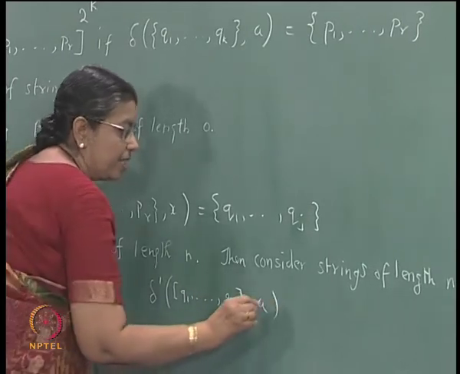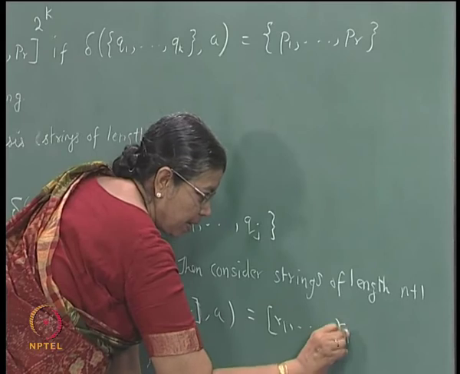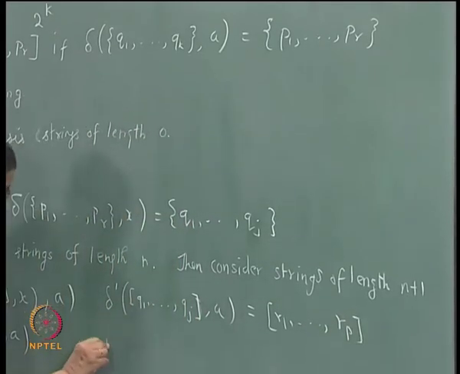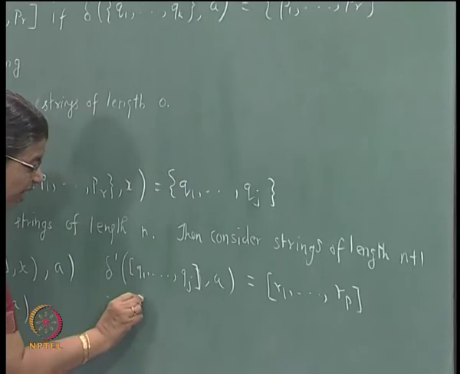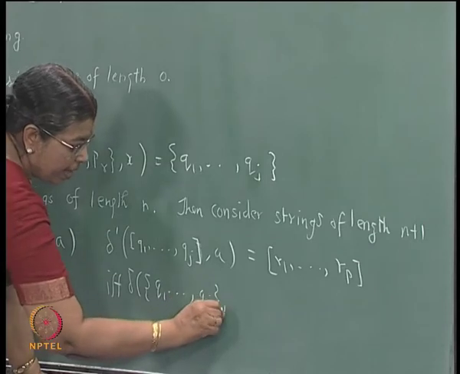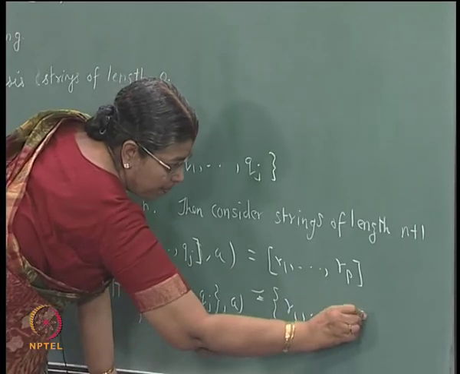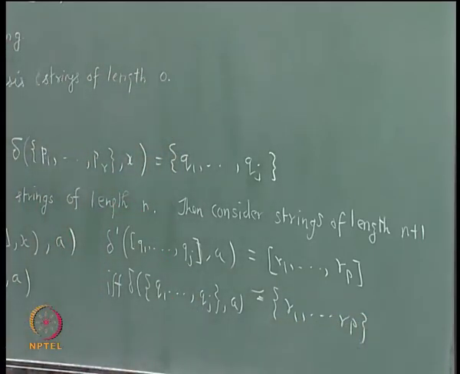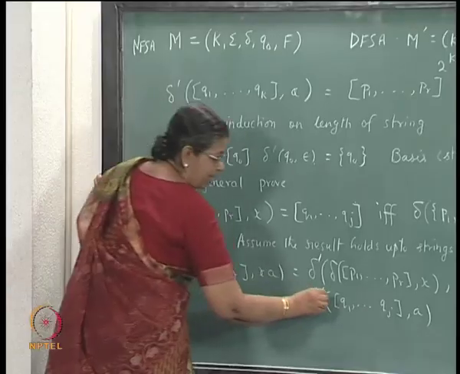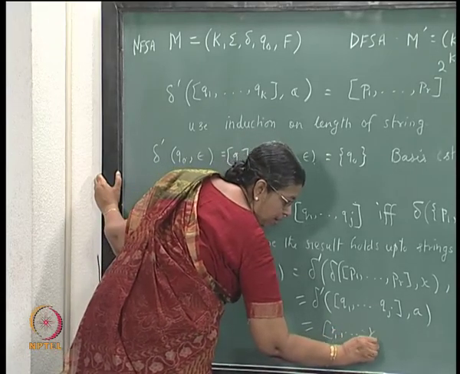This will be equal to say some R1 R2 Rp if and only if delta of Q1 Q2 Qj comma A is equal to R1 R2 Rp. This is by definition. So, what can you say about this? This will be equal to say R1 R2 some Rp.